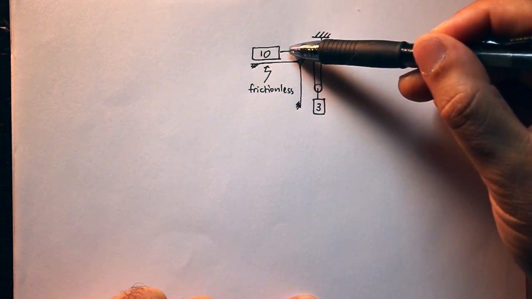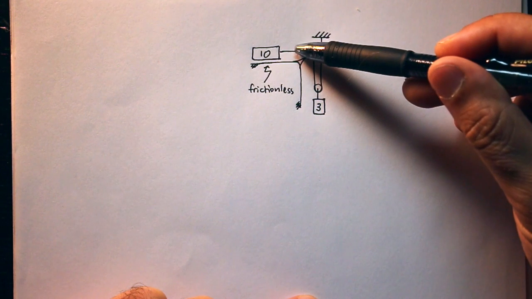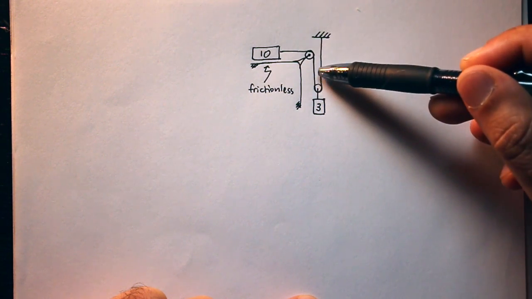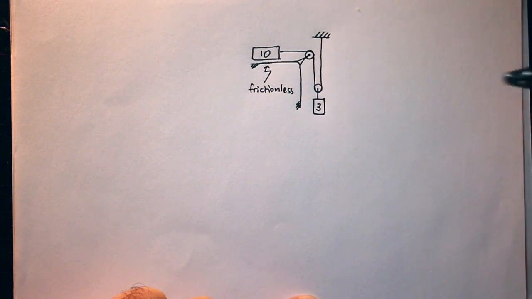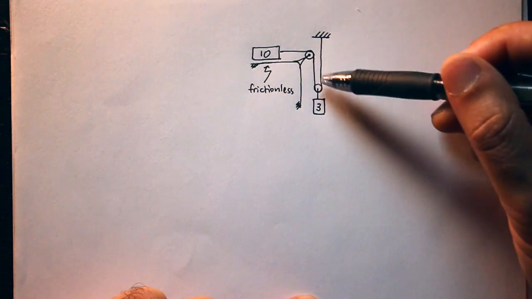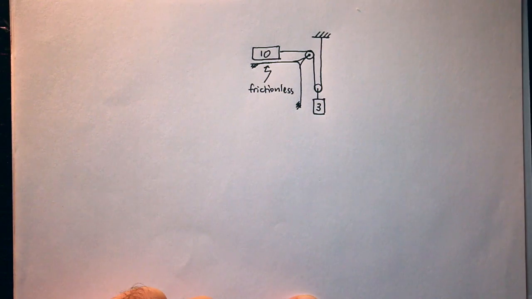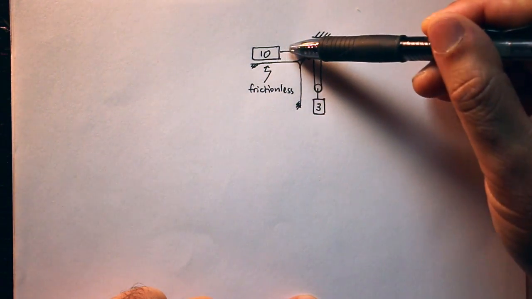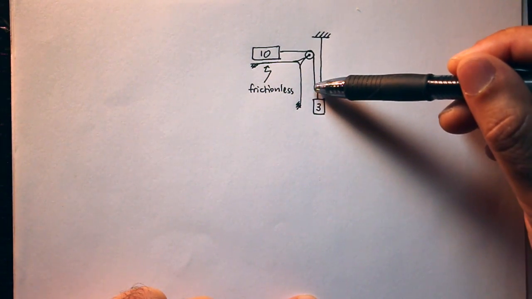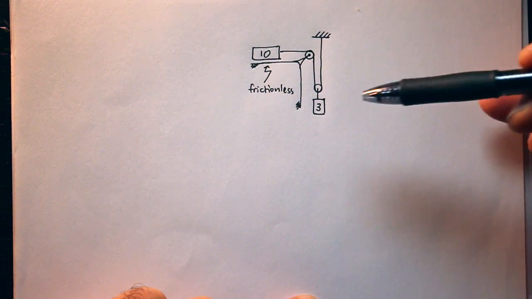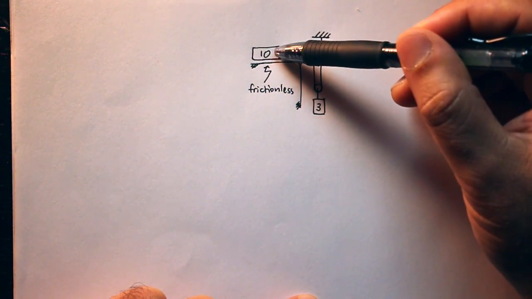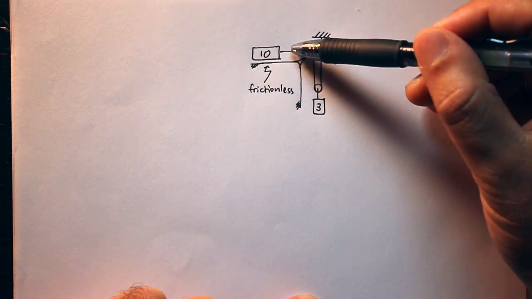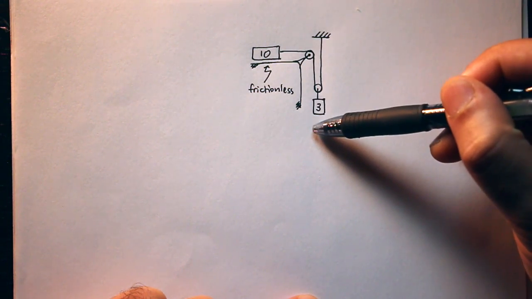If it moves a meter here, that meter of line in the rope is going to be distributed on these two parts of the rope for this 3 kilogram mass. So in other words, when this moves a meter, this mass is going to move down by just half a meter. So that is to say that the acceleration of this mass is going to be twice the acceleration of this other mass.